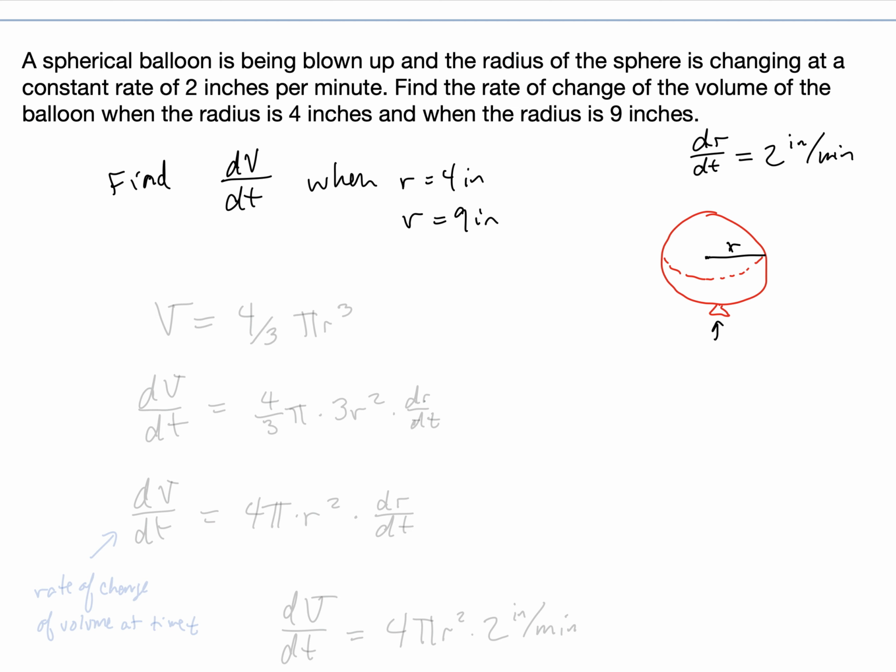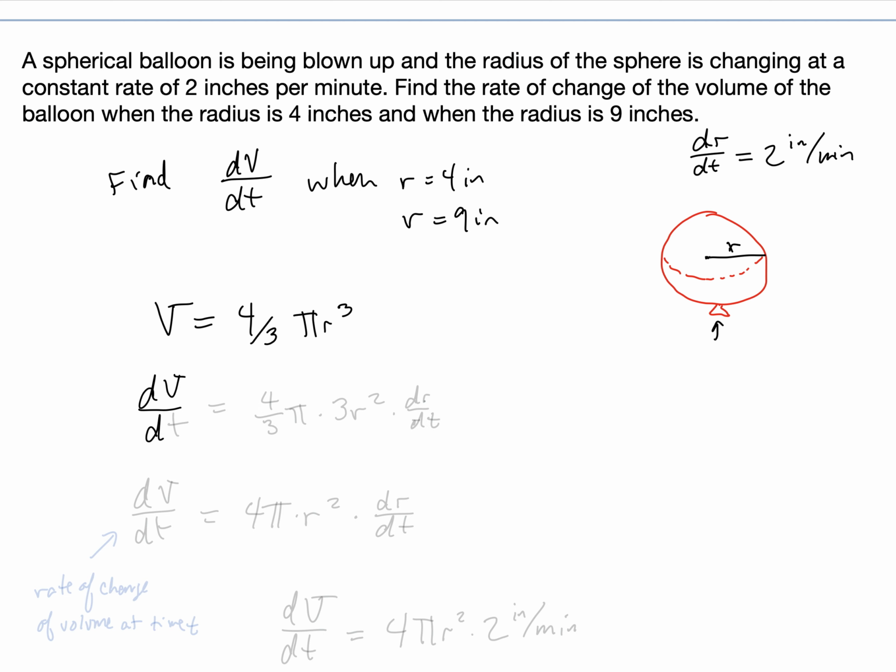Now let's see, we want to write an equation that relates these variables together. We already said that the volume of the sphere is equal to 4/3 pi r cubed. So we'll certainly use that. And now we've basically written down all the numerical information we have, and we've got an equation that relates the variables together. So now let's differentiate that with respect to t.